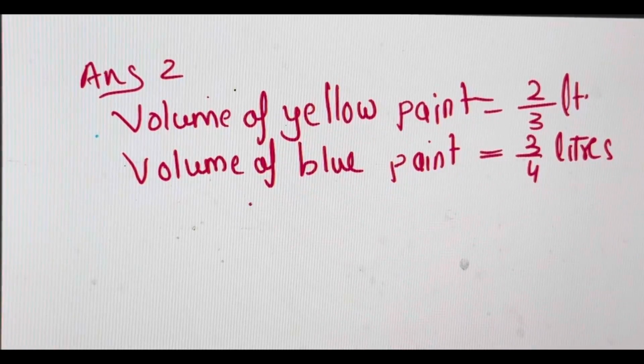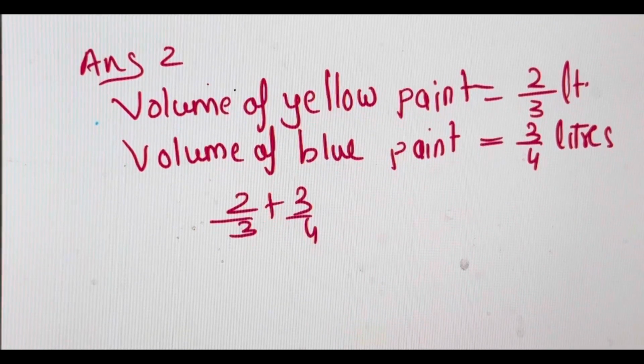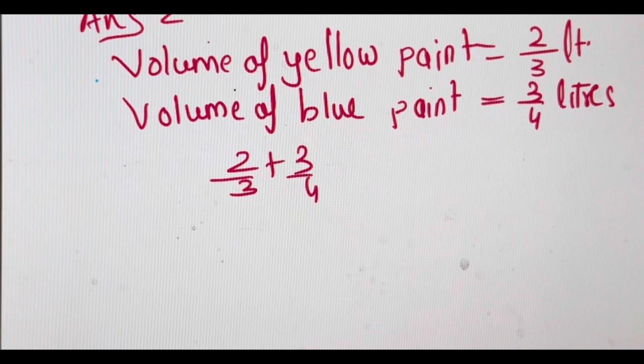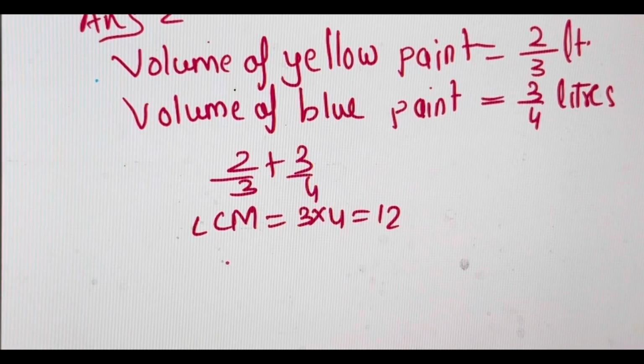So we add 2/3 plus 3/4. Okay, you see here the denominators are co-primes of each other, right? So the LCM would be 12, 3 4s are 12, 12.